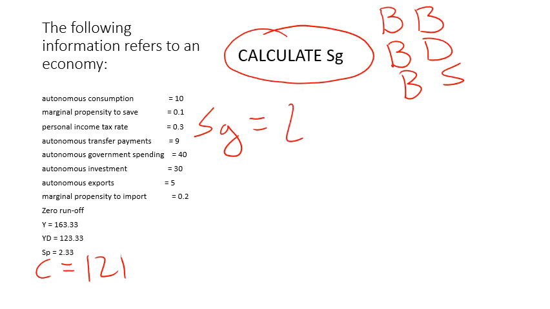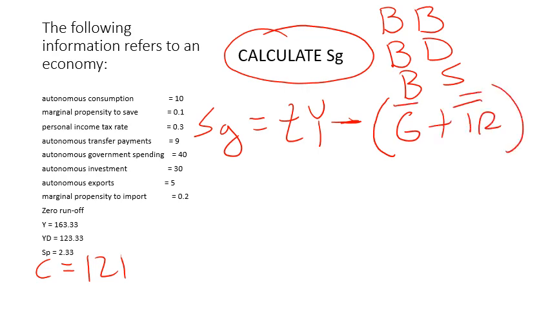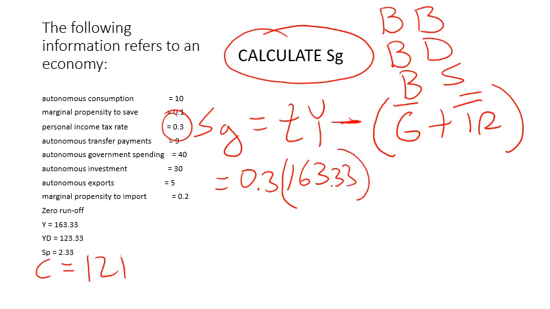So SG is T times Y, personal income tax rate times the national income level, minus the government outlays, autonomous G plus autonomous transfer payments. So we've got a tax rate of 30%, 0.3, national income level of 133.33, minus government outlays.